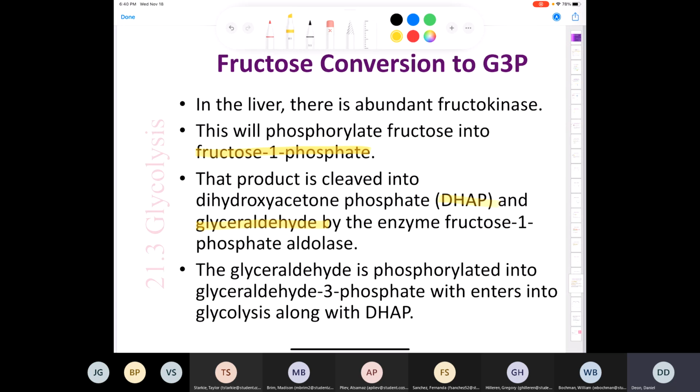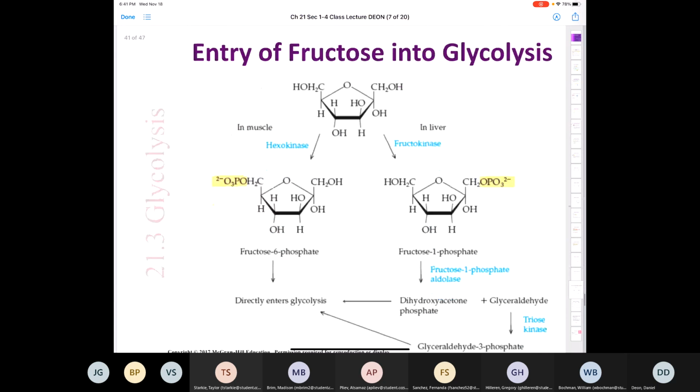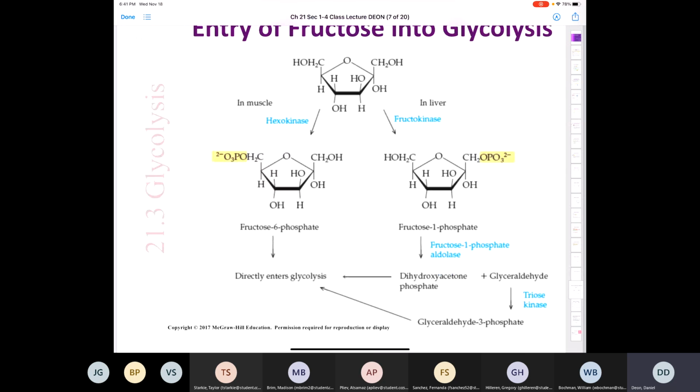Then the glyceraldehyde gets phosphorylated to G3P, and you've already got the DHAP, and you're off to the races. So it just depends on where the fructose is, but you can see how, wherever it is, fructose can end up in glycolysis.